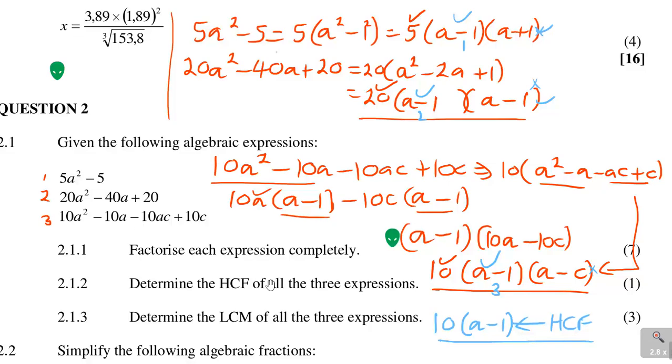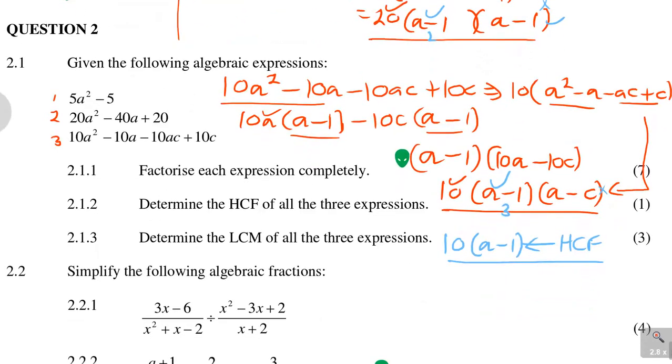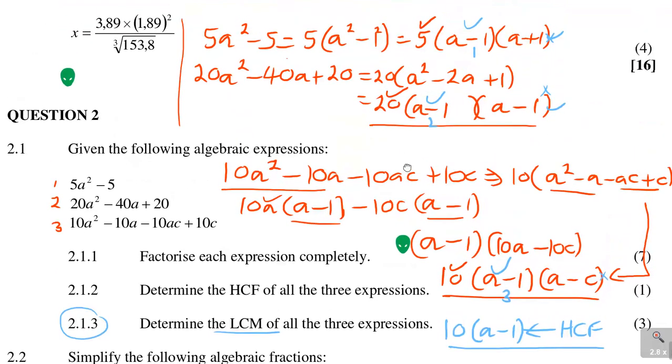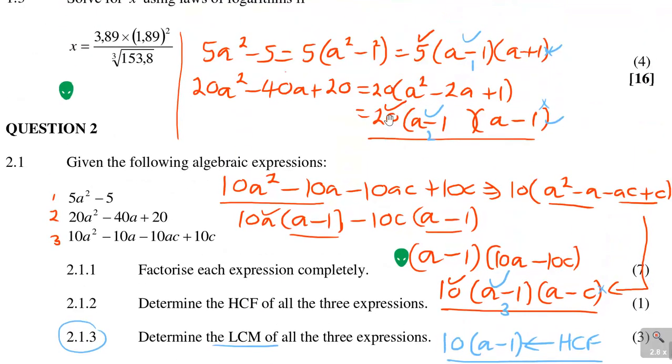Now 2.1.3 says I need to determine here the LCM. Now the LCM, you need to write everything that appears, but start with the number 5, 20 and 10. So that you don't confuse yourself, you remind yourself you've got 5. Now 20 is the same as 4 times 5, and 10 is the same as 2 times 5.